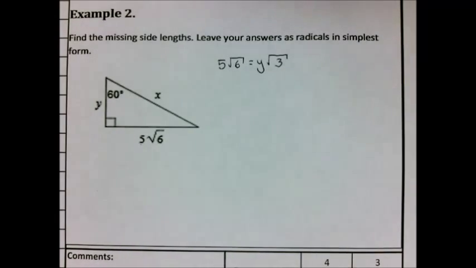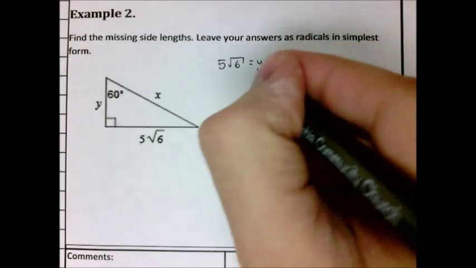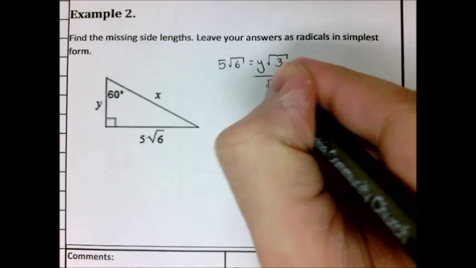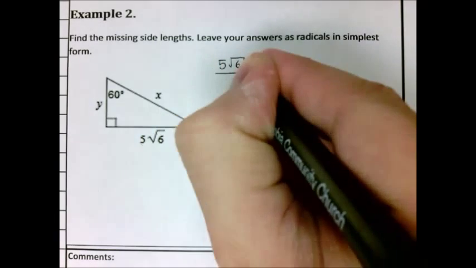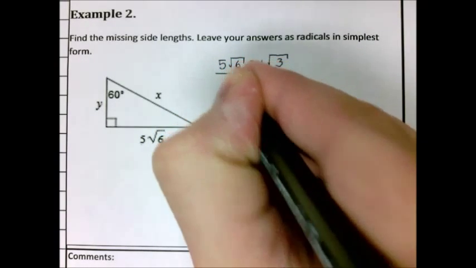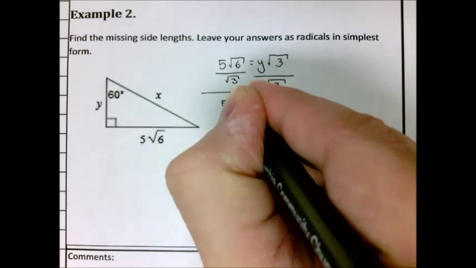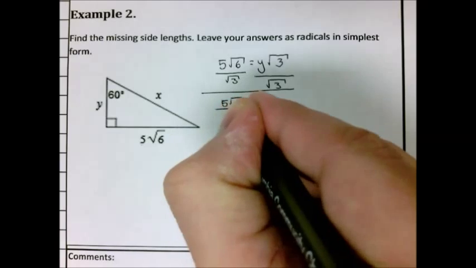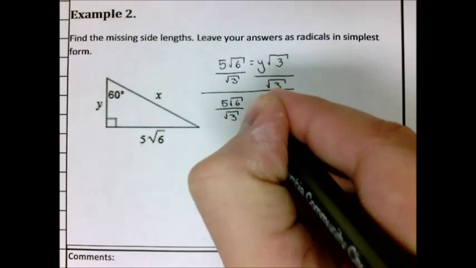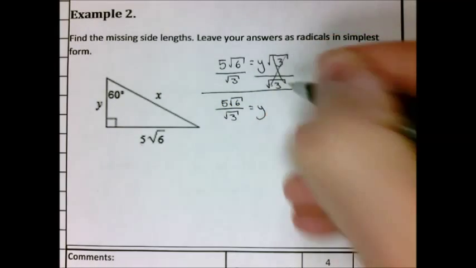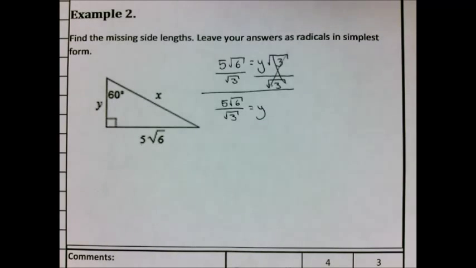Okay, now we can solve for y just like we normally do. This is just algebra. We're going to divide by the square root of 3 on both sides. We end up getting 5 times the square root of 6 divided by the square root of 3 is equal to y. Now we know that when we have a radical in simplest form, there is not a radical in the denominator.